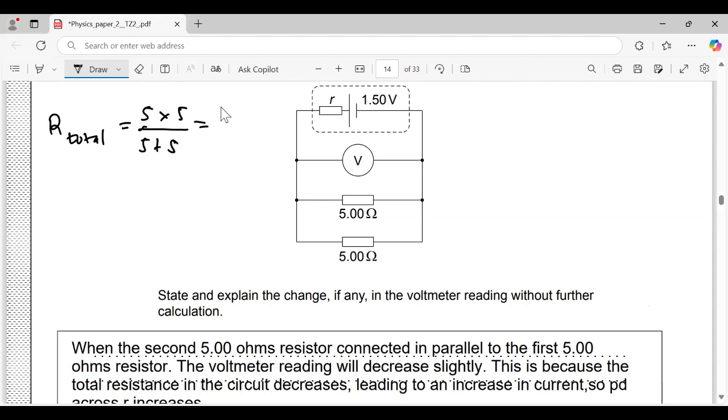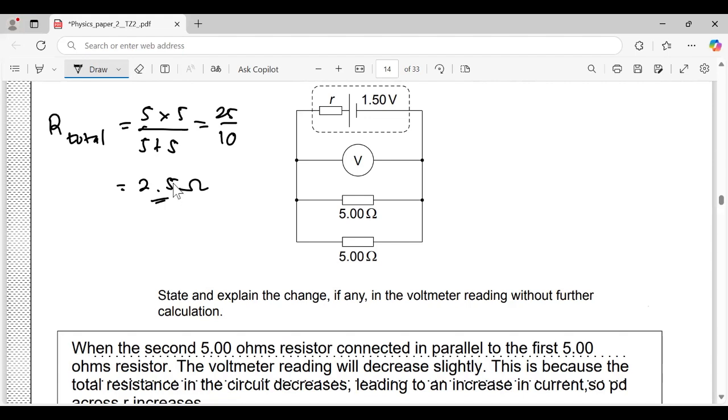And the result is 25 over 10, and it is 2.5 ohms.